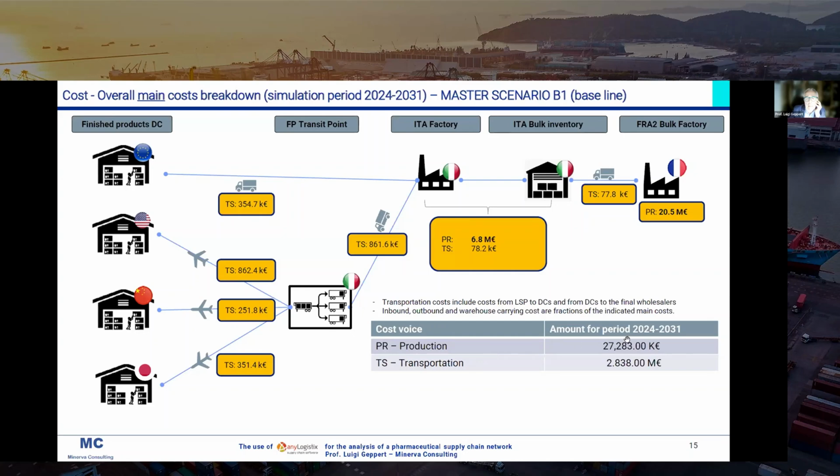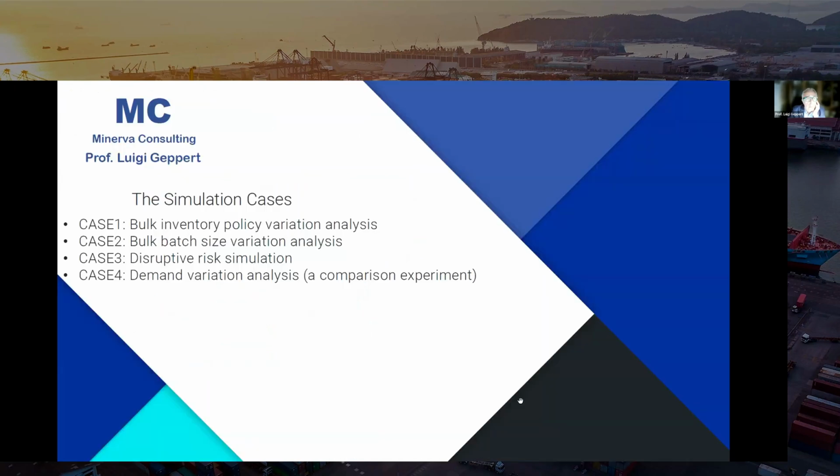You see an example here for the baseline scenario, and you have to compare these two figures here. Transportation costs are 1/10 with respect to the production cost. So in order to be more practical, you see that we prepared different simulation cases, different experiments, if you prefer.